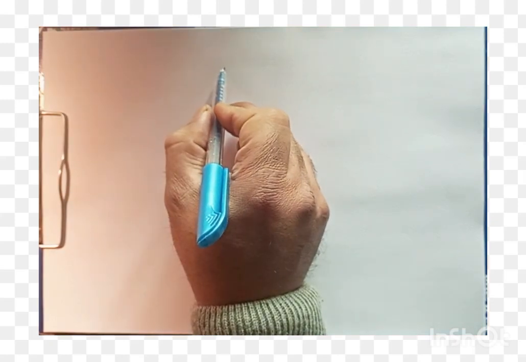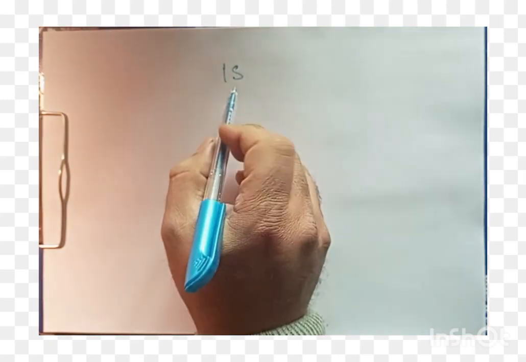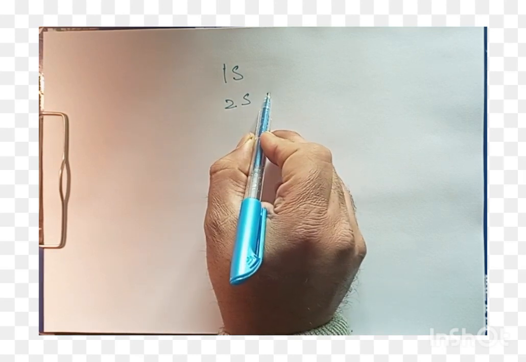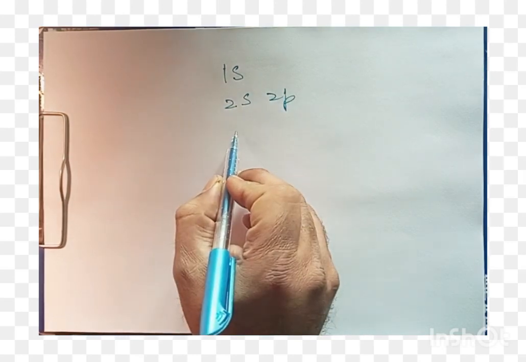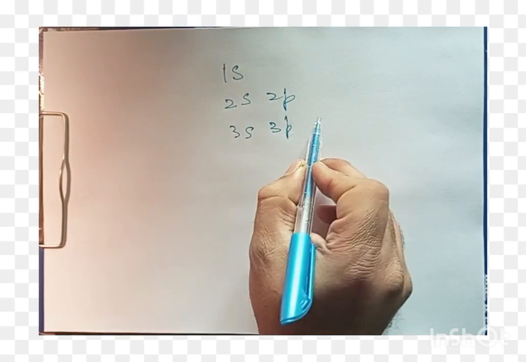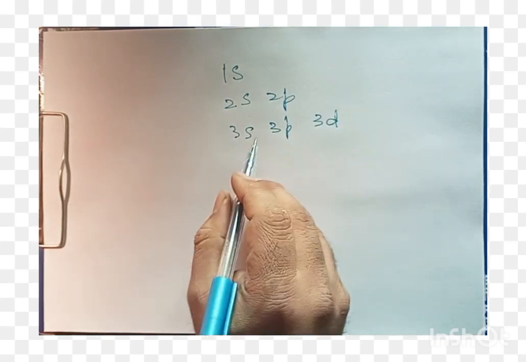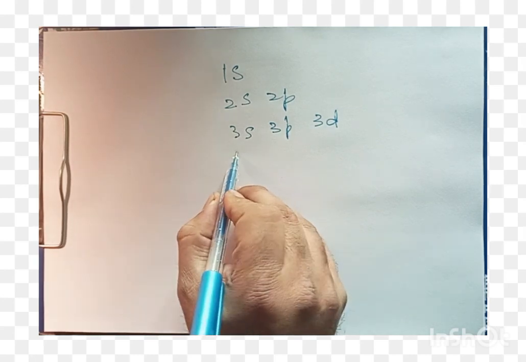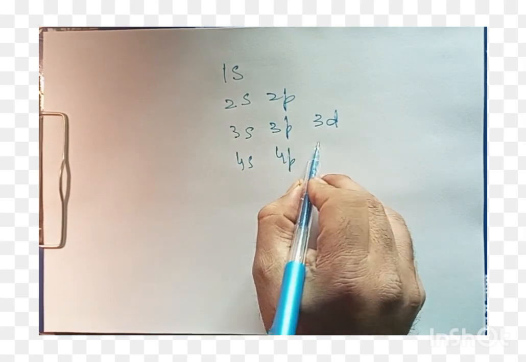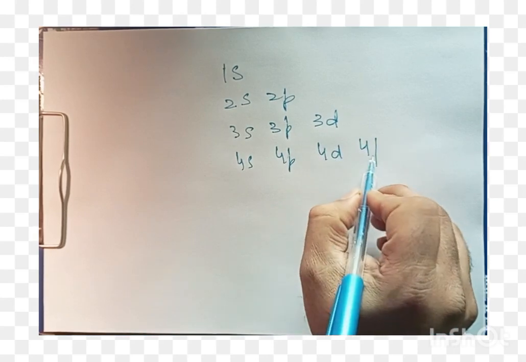And what's that? This is my 1s, and then I will have 2s and 2p, and then 3s, 3p, and 3d. And then I have 4s, 4p, 4d, and 4f.